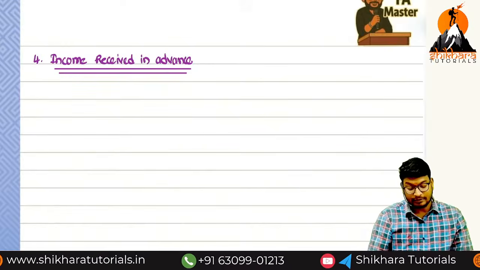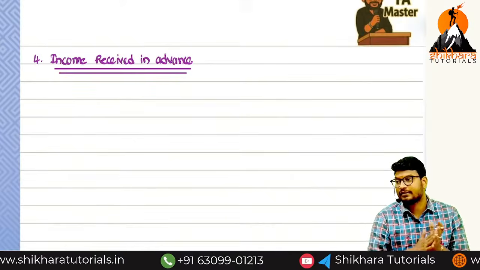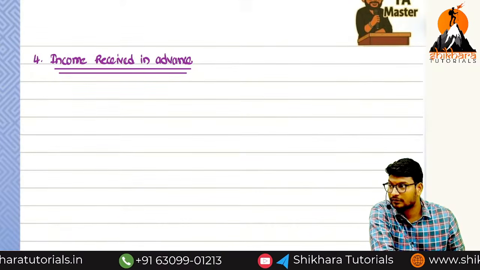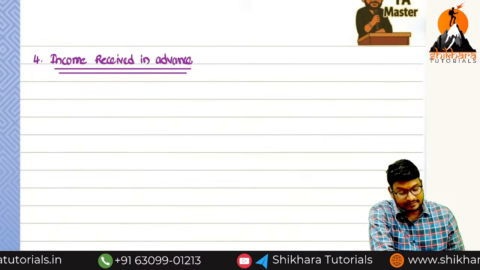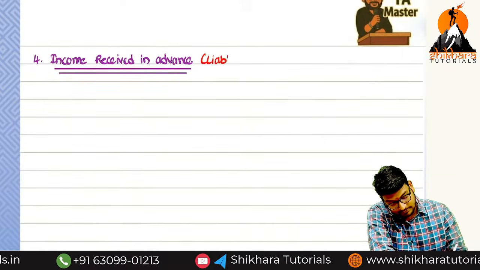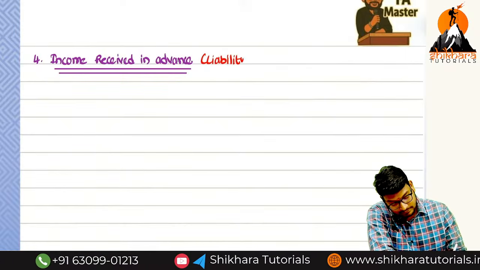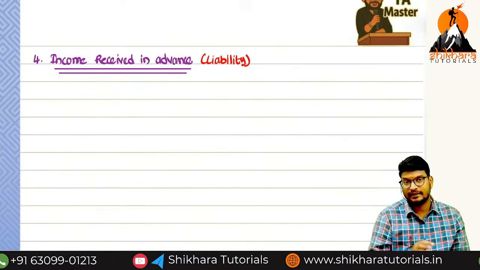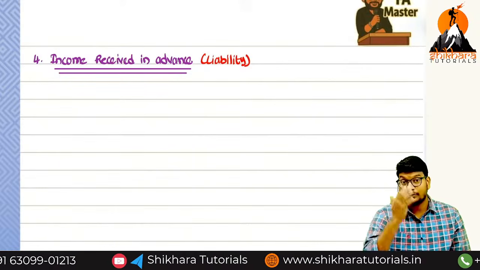Can you say what is the meaning of income received in advance? No idea? Why is it a liability? Okay guys, let me take an example, you will get more clarity on this one.